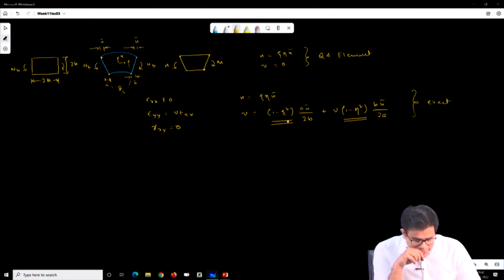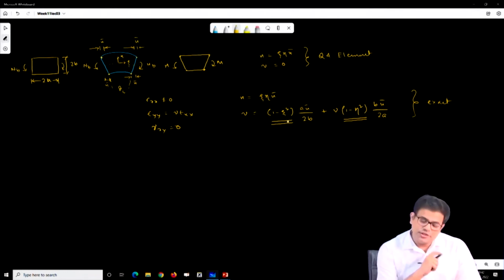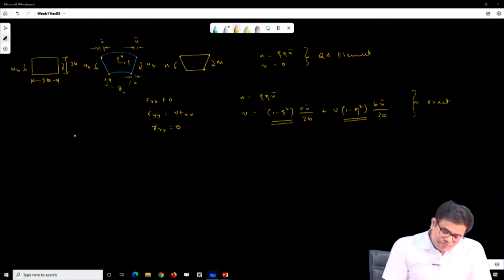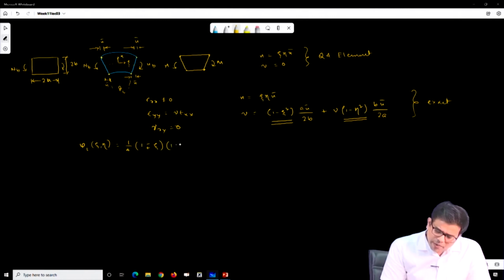These are not present in the Q4 element, because if you see the Q4 element, the shape functions phi I, which I am writing in xi eta coordinates, are 1 by 4 times 1 minus or plus xi, and 1 minus or plus eta, where I is 1, 2, 3, 4.